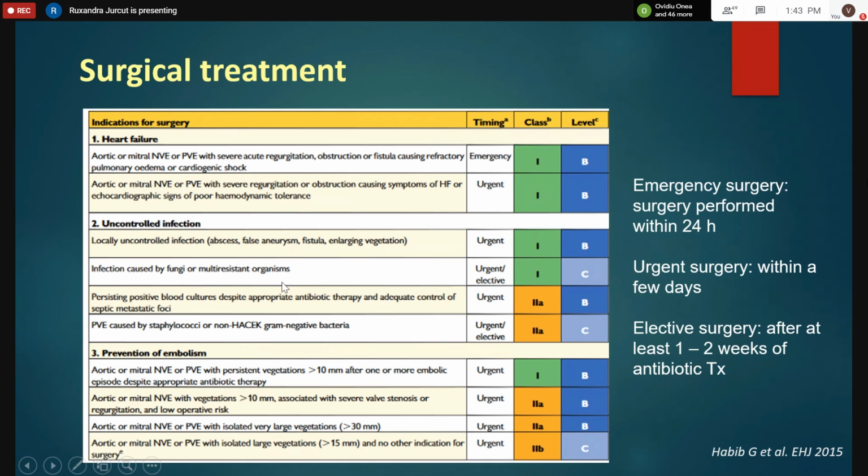Also, fungi or multi-resistant organisms would be an indication for surgery because, of course, they would not respond much to antibiotics. So there are these situations you can see here that are linked to either urgent or emergency surgery. Another situation is very big vegetations, because the bigger the vegetation is, the bigger the risk of embolization.